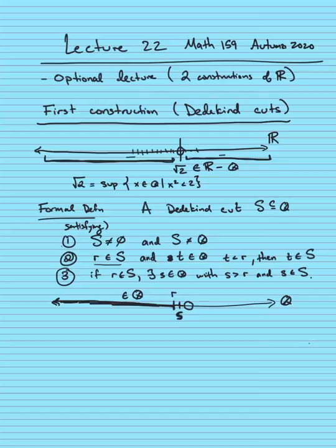So you should think that what we've now done is define the open ray from negative infinity to the square root of 2, okay, using only the rationals. But of course, we can do this not just for the square root of 2, but for any real number, okay?